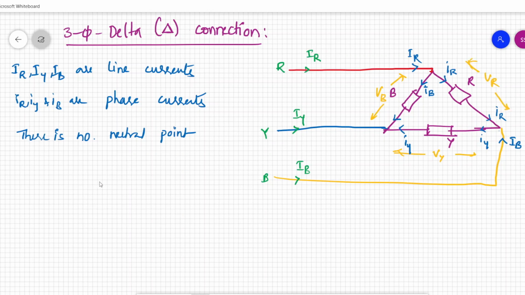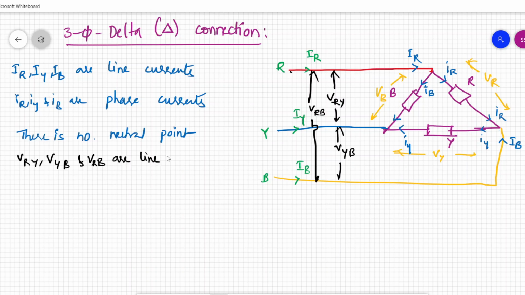Okay, so here I'm denoting the line voltages, that is VRY, and this is VYB, and this one is the voltage between R and B. Okay, so if you observe clearly, VRY, VYB and VRB are line voltages, right?